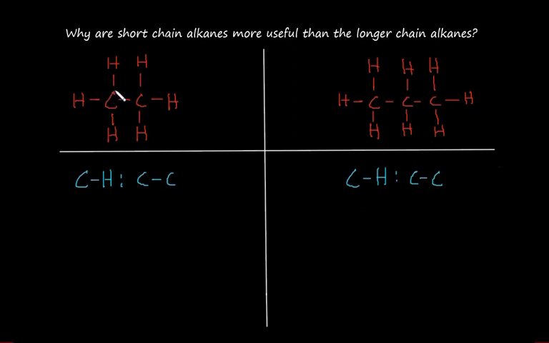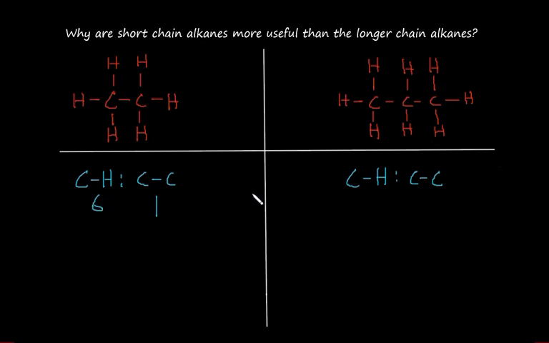So in ethane, we have one C-C bond here. So let's put one here. And how many C-H bonds do we have? 1, 2, 3, 4, 5, and 6. So we have 6 C-H bonds.